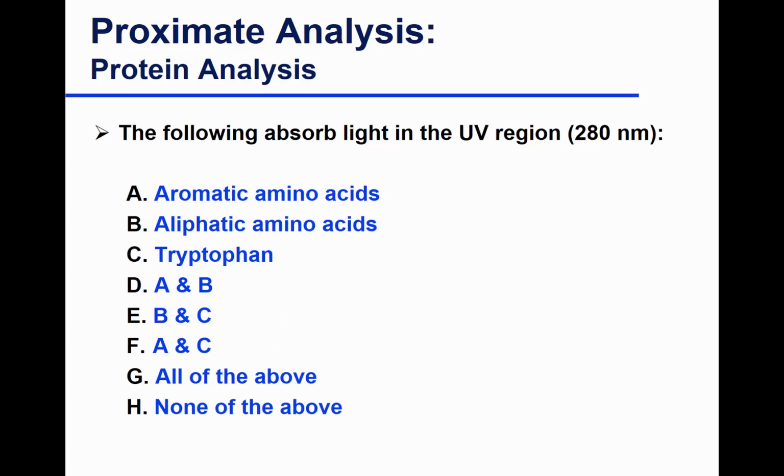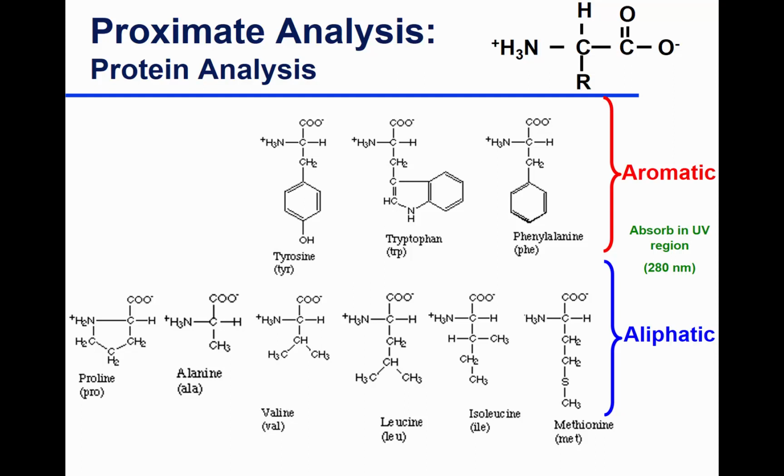So tryptophan, tyrosine, and phenylalanine are all aromatic amino acids. Tryptophan in particular has the highest molar extinction coefficient, or absorptivity, so it absorbs the most of the three aromatic amino acids in the UV range, 280 nanometers to be specific.